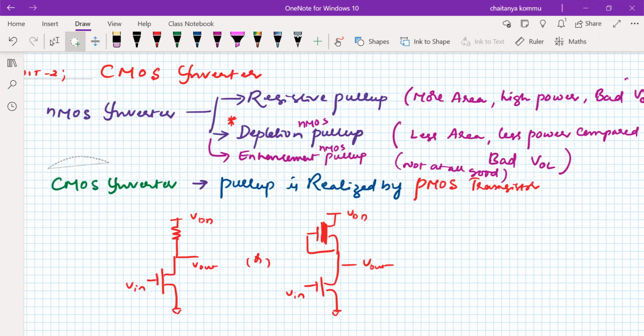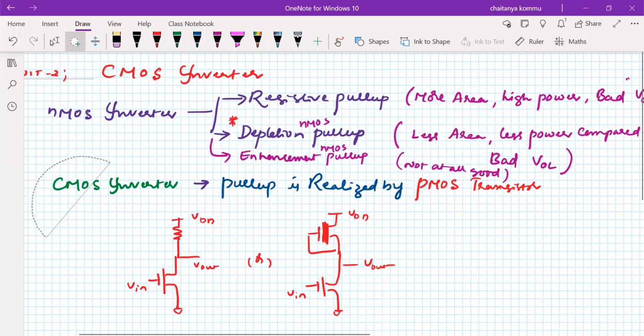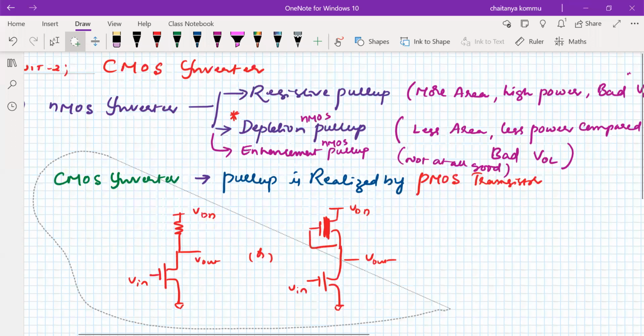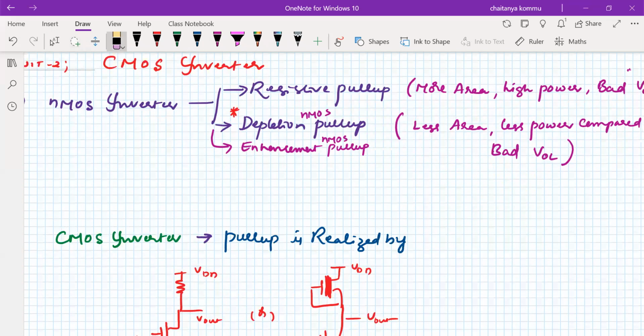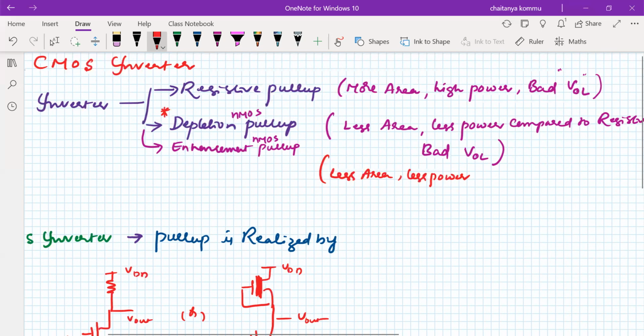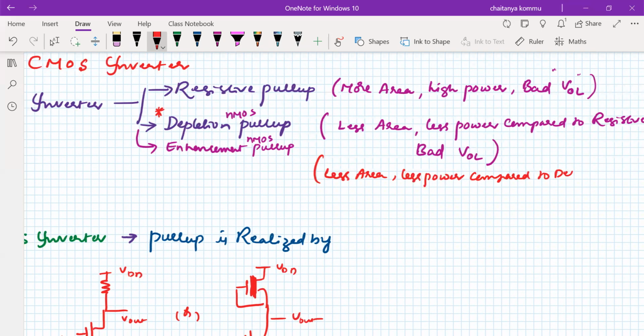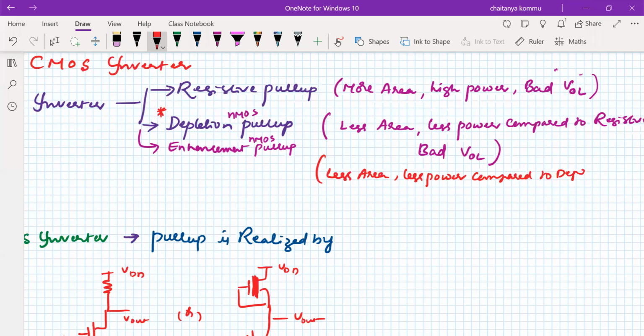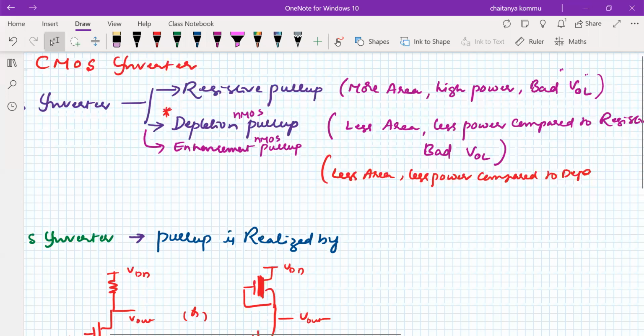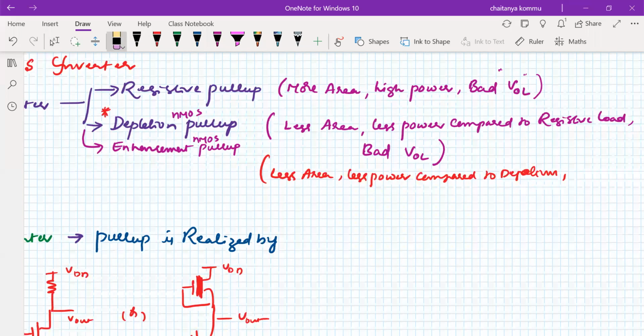So better I write it this way: less area, there is no doubt, when compared to the depletion type mode transistor, and power consumption is also less compared to depletion, because a depletion mode transistor is always on, therefore it is very difficult to control the power consumption.